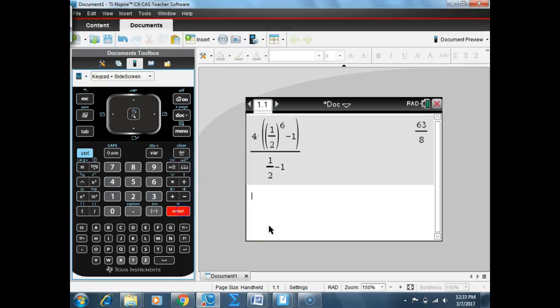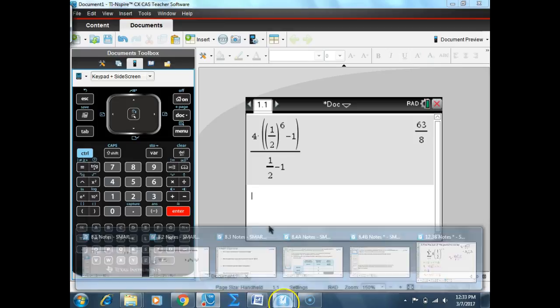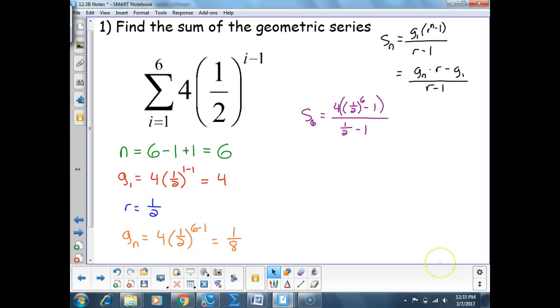And we get 63/8. If you're not using a graphing type calculator, I would start on the inside and work my way out. Meaning I would start with 1/2 to the 6th power equals.